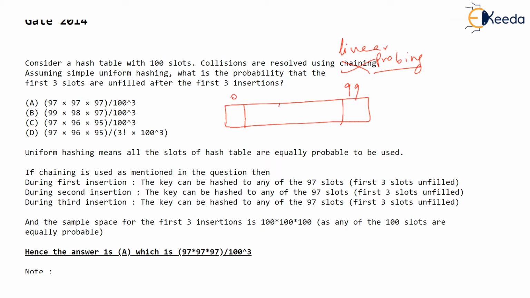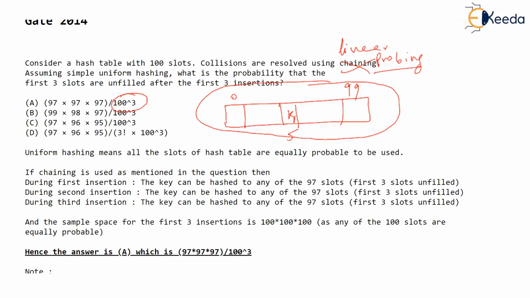Imagine the first key has got inserted at the fifth location. Let's call it K1. So how many places were available for the first key? 100, isn't it? 100 places. I'm talking about the sample space. I'm talking about the denominator.